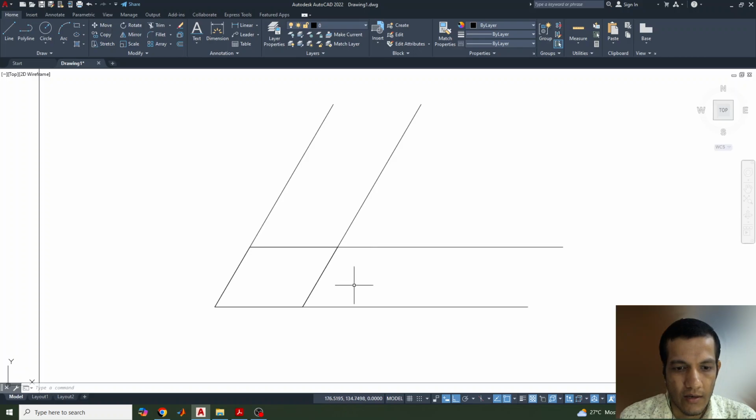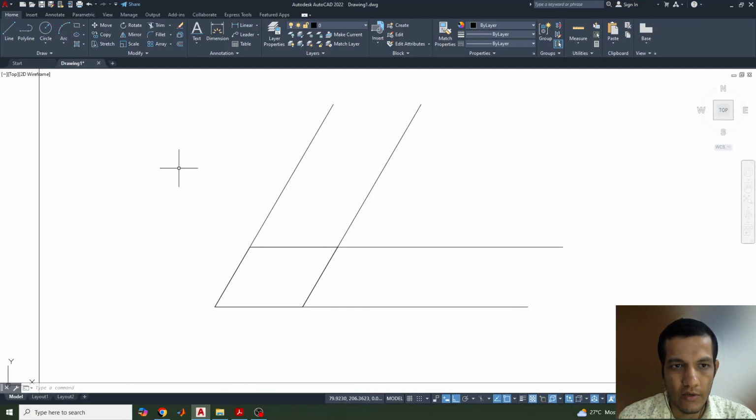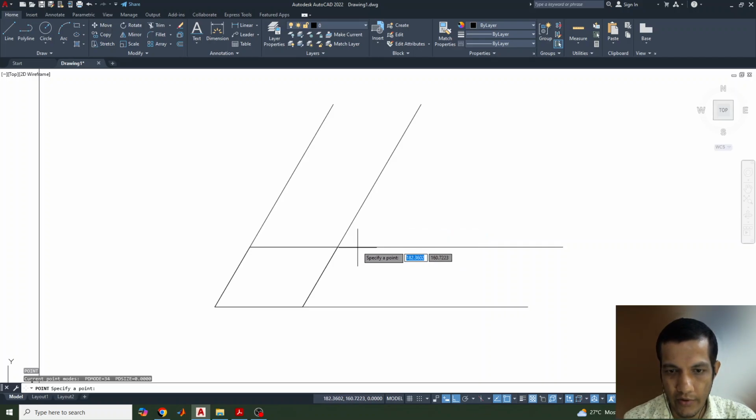Now as with the previous method, let me tell you what we need to do. This is the P line. Here we need to draw some arbitrary points on this line, and along this PF line also we need to draw some arbitrary points. It is not compulsory to take any particular distance in this. So I'll go for the point command, enter, and specify some point on this line.